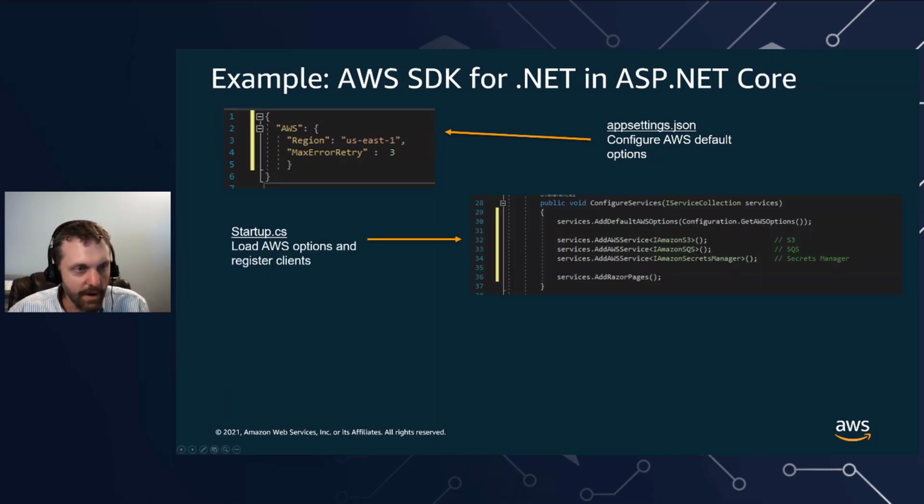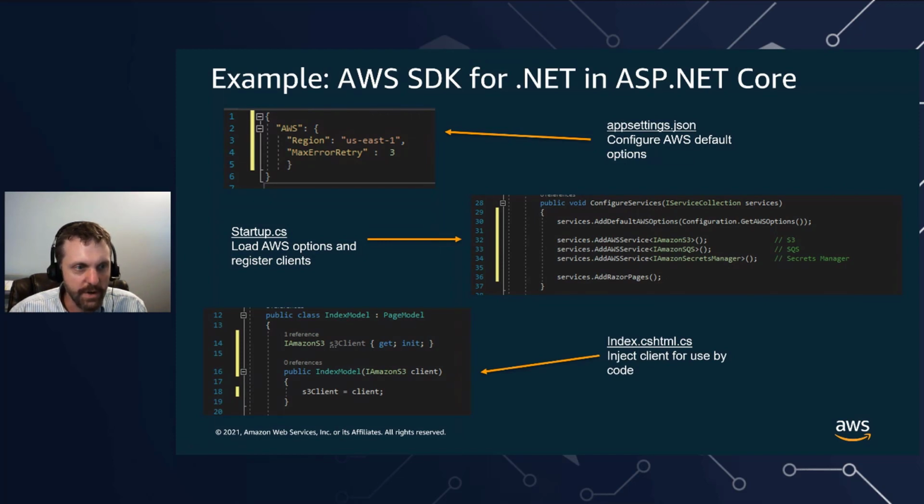Then in our startup file, all we have to do is use the extension methods that this library provides to specify which AWS clients we want to register with our dependency injection framework. Then you can see here, this is a Razor page, we just use constructor injection to make the particular client available to our code.